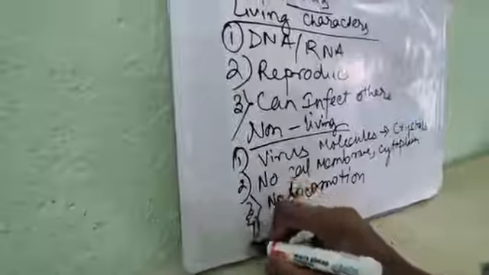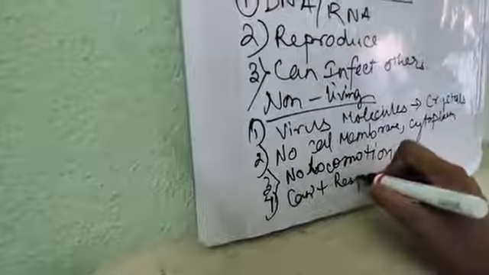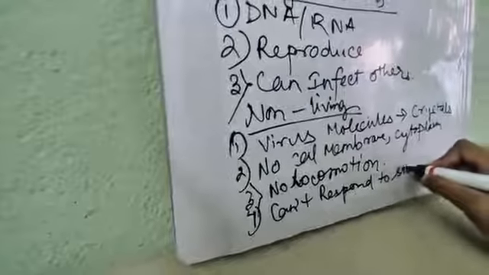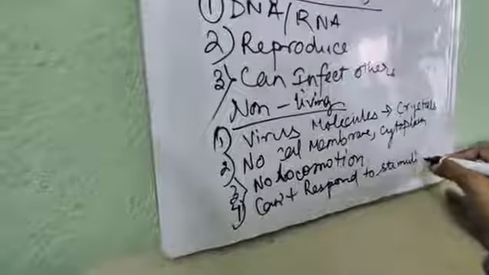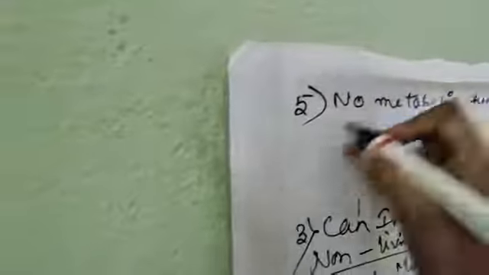Number 4, it cannot respond to external stimuli. Number 5, no metabolic functions are taking place within the virus body.